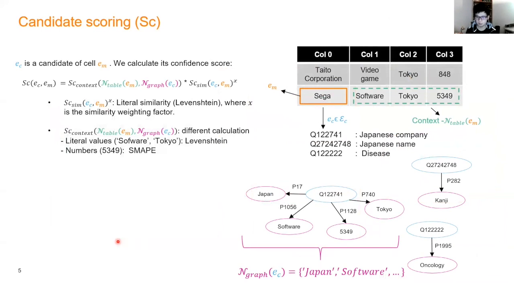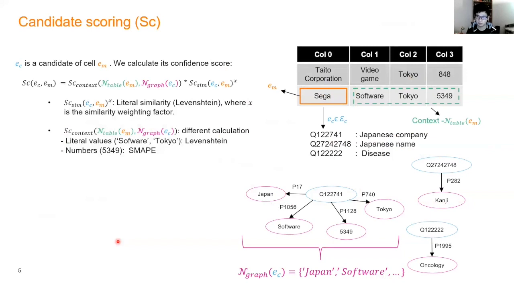Context scores will adapt different strategies according to different scenarios. When dealing with string scenarios, we use Levenshtein similarities, and when dealing with numerical scenarios, we use the SMAPE equation to give the context score.